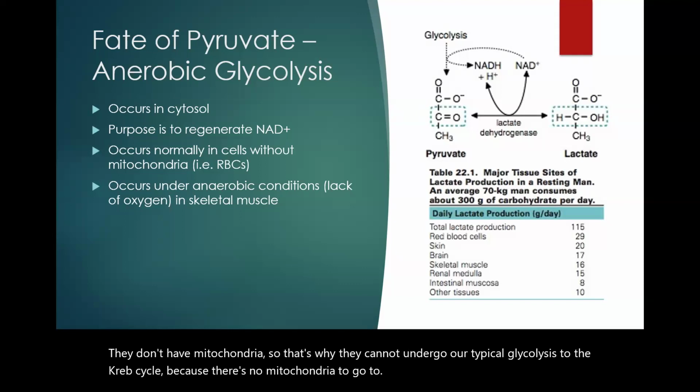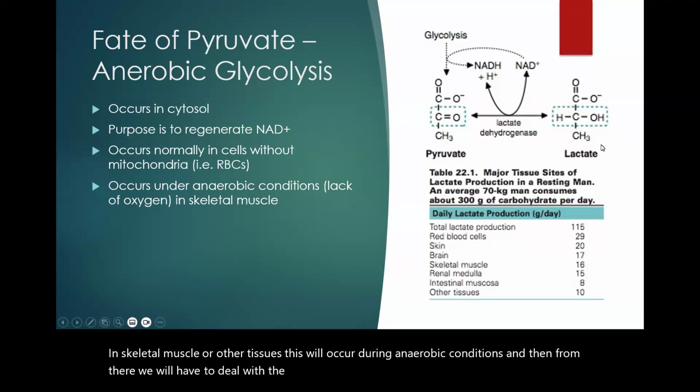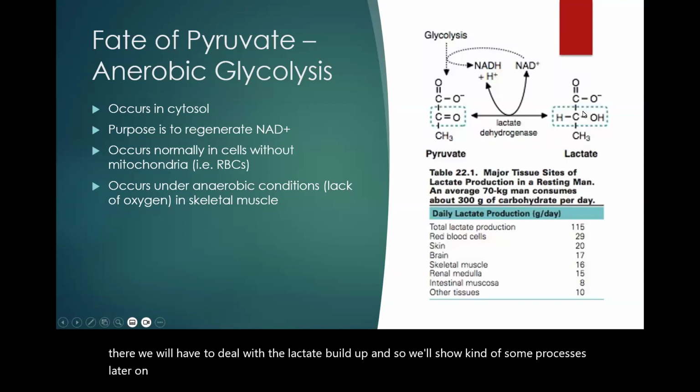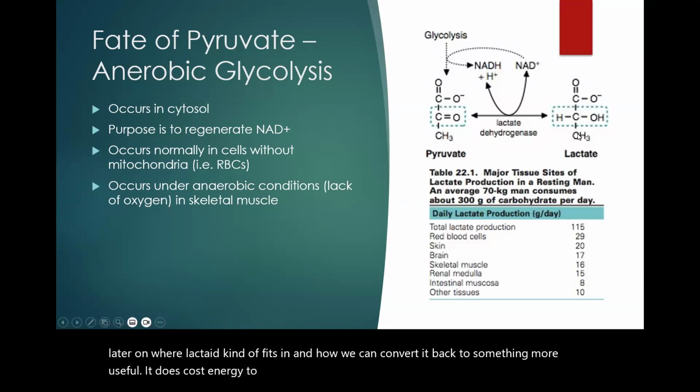In skeletal muscle or other tissues, this will occur during anaerobic conditions, and then from there, we will have to deal with the lactate buildup. We'll show some processes later on where lactate fits in and how we can convert it back to something more useful. It does cost energy to take lactate and convert it into a useful substance that can be used in the body again.